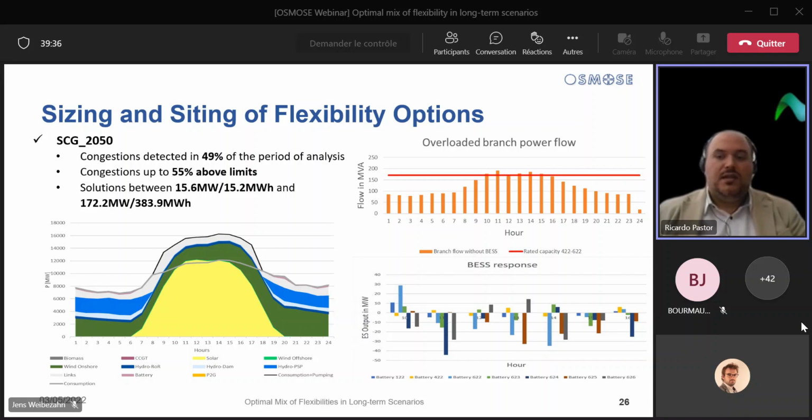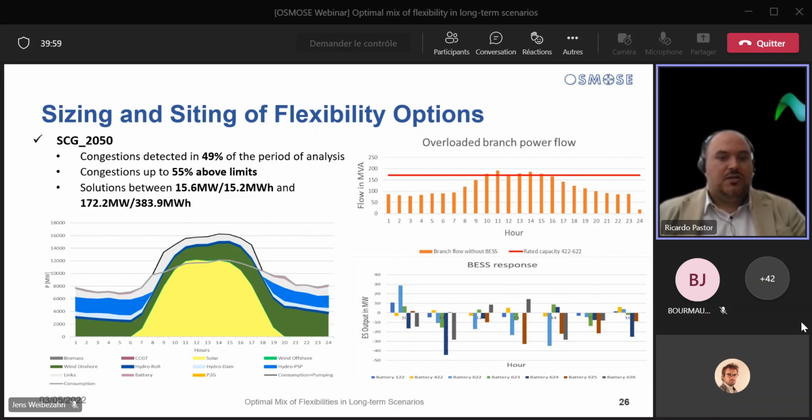For example, in this figure, we see from 11 to 1 p.m. Basically, we can see that solar is above the line which represents the national demand, and congestions that were detected, they reach up to 55% of the rated limits of some lines or transformers.